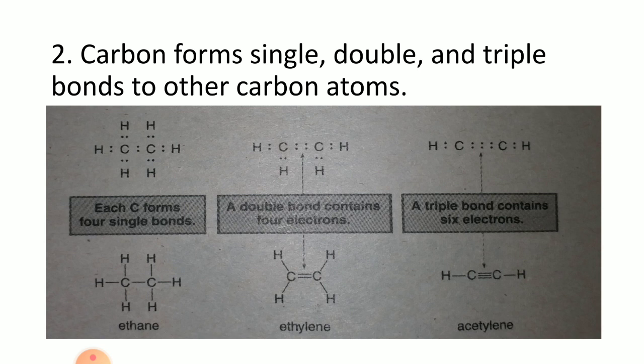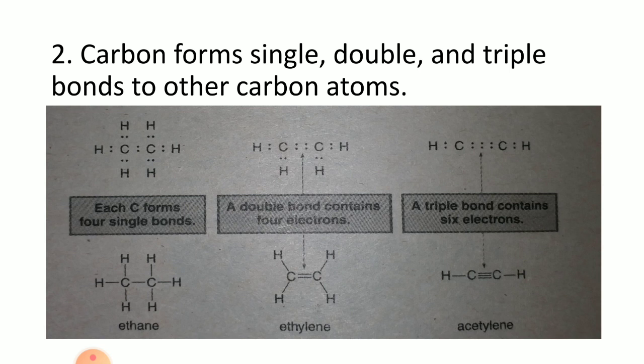On the leftmost part, which is ethane, a carbon atom surrounded by 4 atoms forms 4 single bonds. In ethane, which is C2H6, each carbon atom is bonded to 3 hydrogen atoms and 1 carbon atom. All bonds are single bonds.